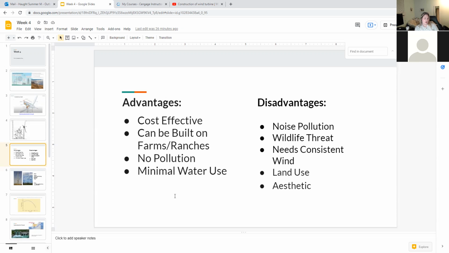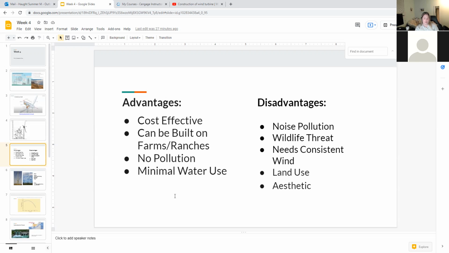Something that I didn't put on the slide, but is really interesting, and I recommend looking into it if you're interested, is the fact that wind energy is one of the biggest renewable energy alternatives up for debate and one of the most heated ones.